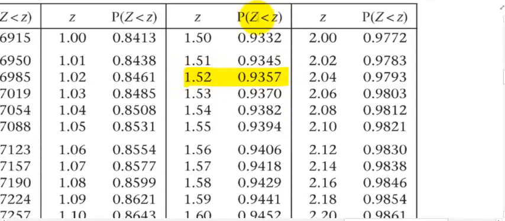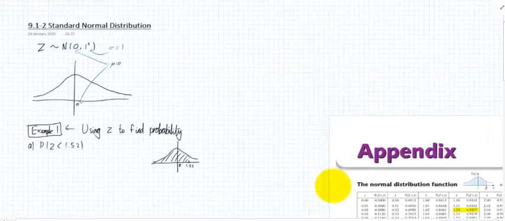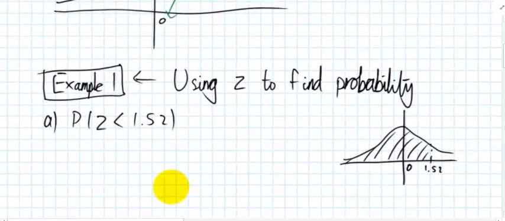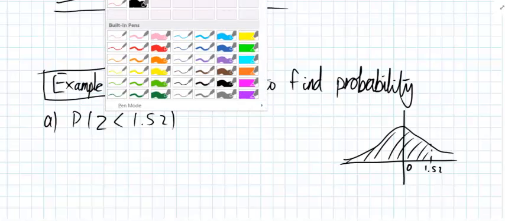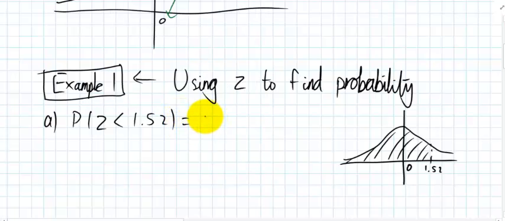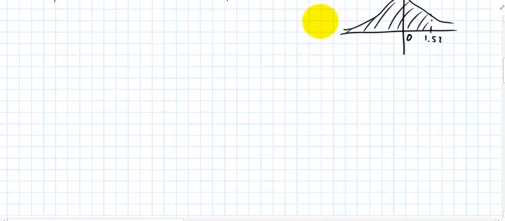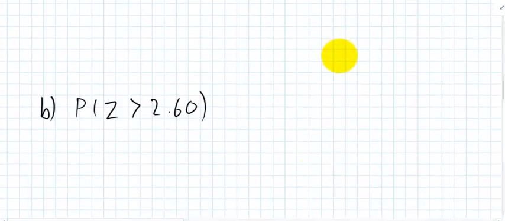The probability of z being less than 1.52 is 0.9357. So there's our answer. Using the table, we get the answer equals 0.9357. Okay, straightforward enough. Next question.